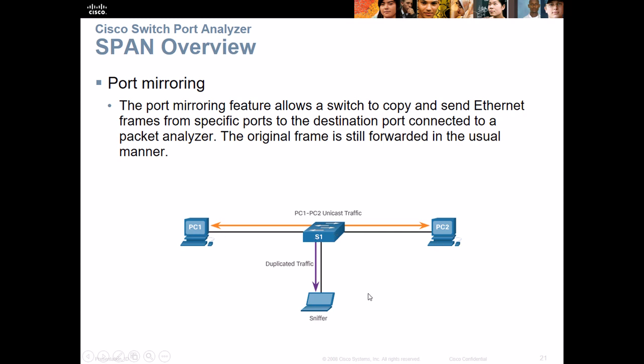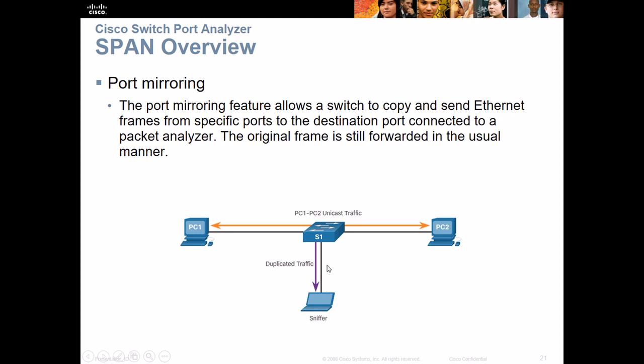So what we want to do is, when PC1 sends the information to the switch, I also want a copy of it. So I want to mirror this port so that the information is not only sent to PC2, but it's also sent to me. And when I get that information, I can see if it's an attack, or I can analyze any and all the information that is being sent.